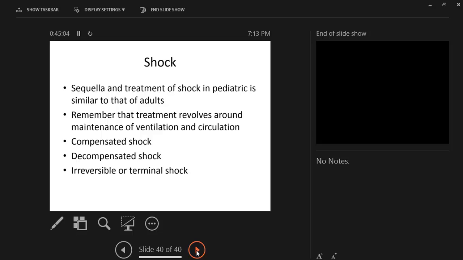And once the bronchioles start to constrict and they start to get the laryngeal edema, then it gets very serious as far as being able to intubate the child and perform life sustaining measures to bring the child back. So that is the end of this lecture.